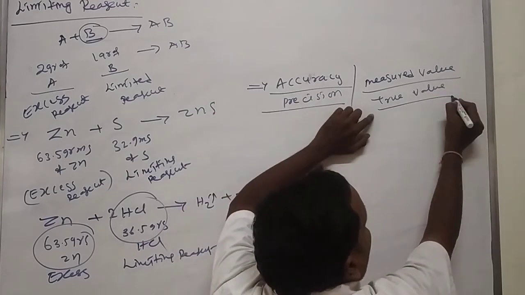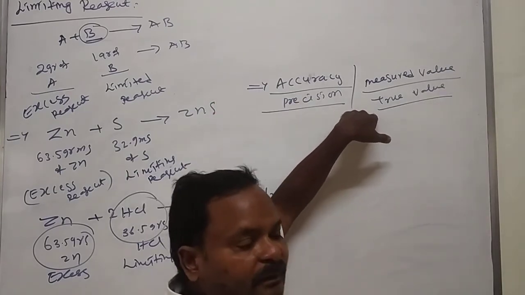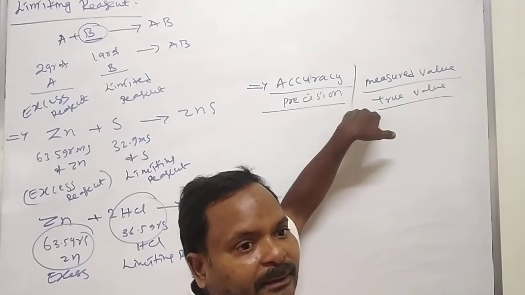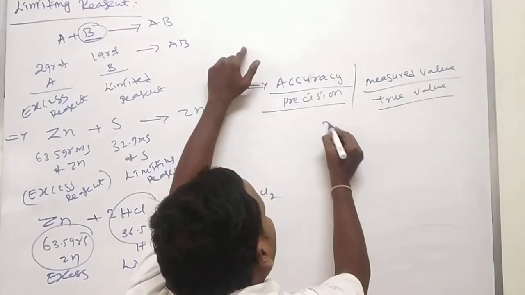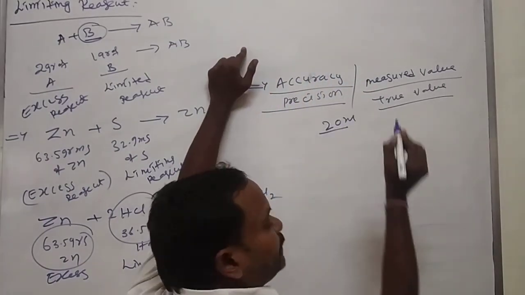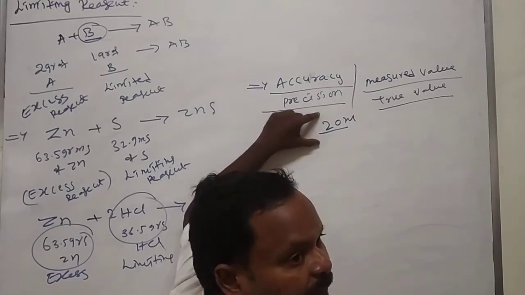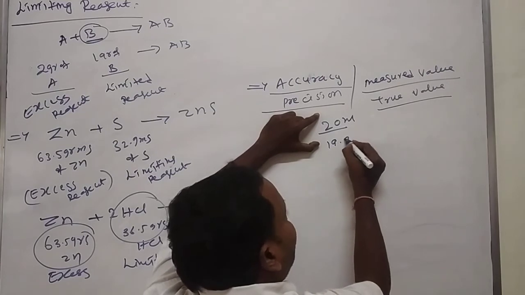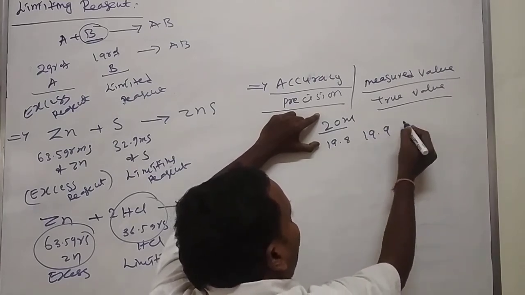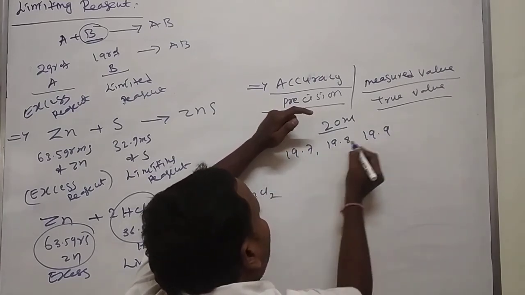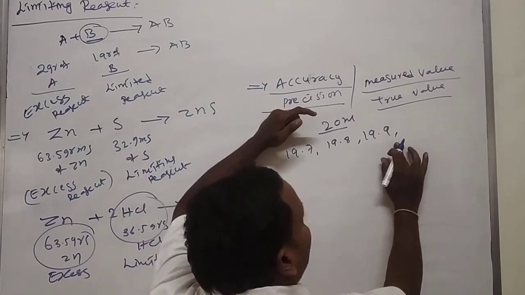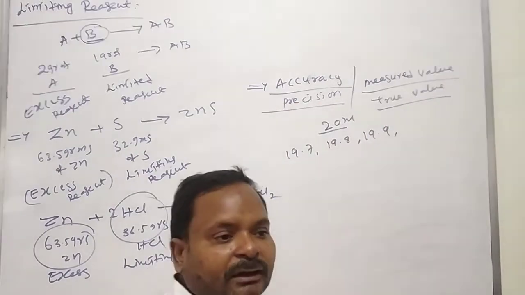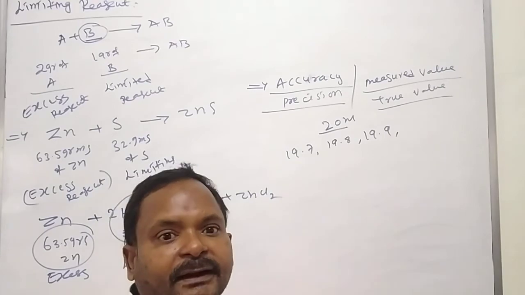What is the true value? Suppose, for example, if you do any experiment, you should get 20 ml. This is the true value, the theoretical value. If you get 19.8, 19.9, 19.7, these values are called measured values.